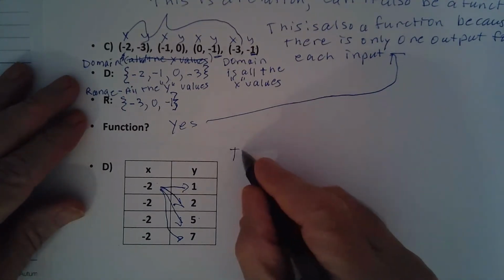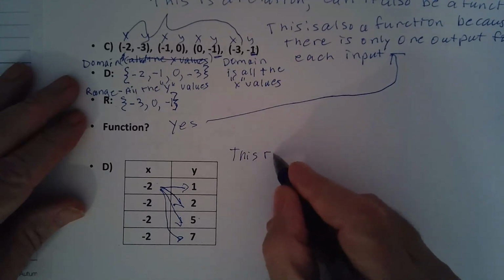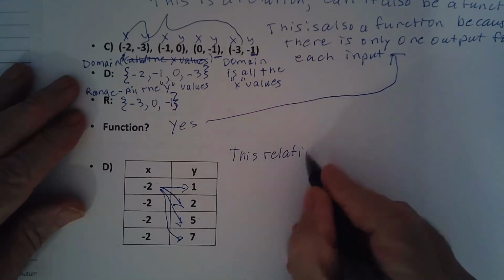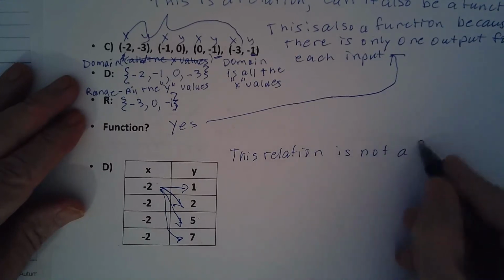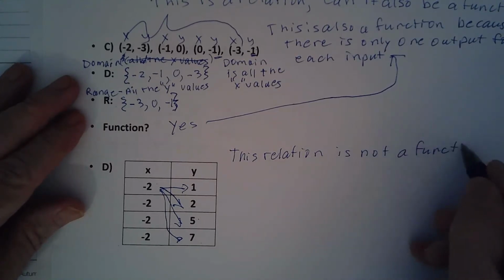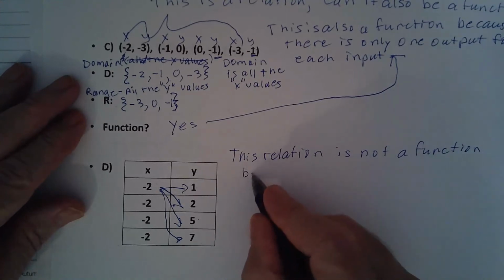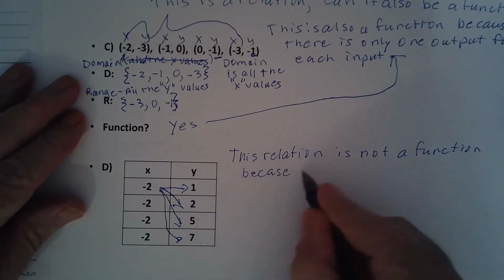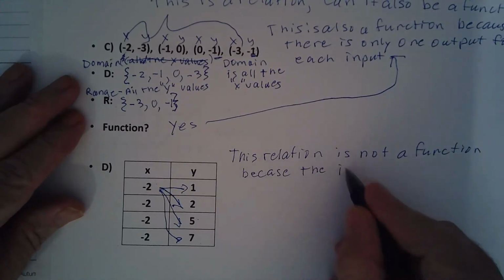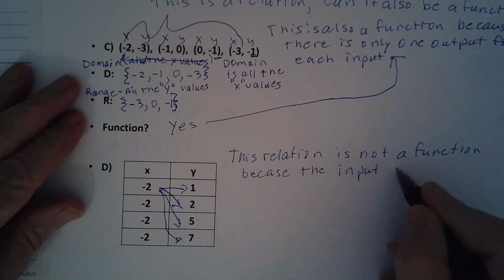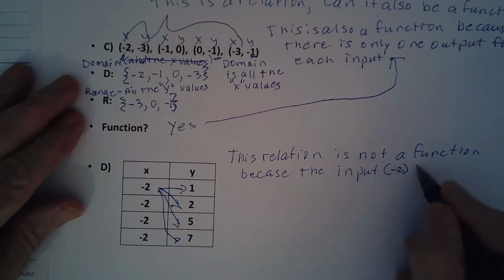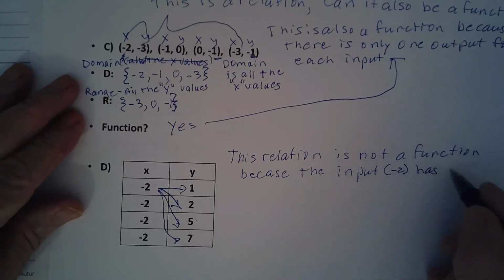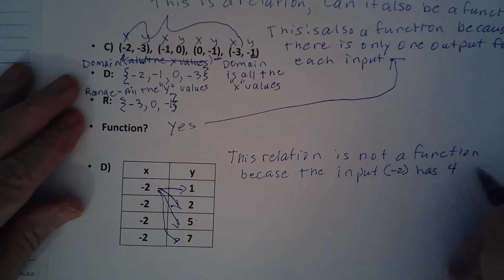So this relation is not a function, because the input, and in this case -2, has 4 outputs.